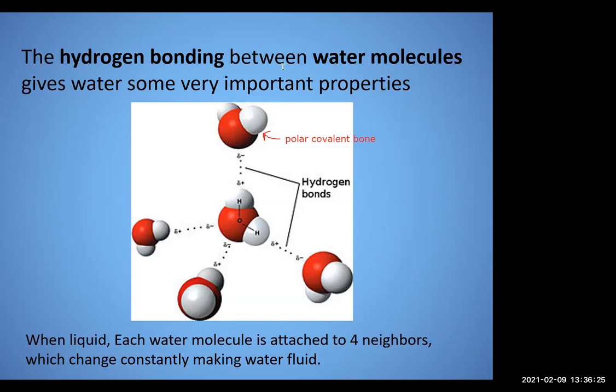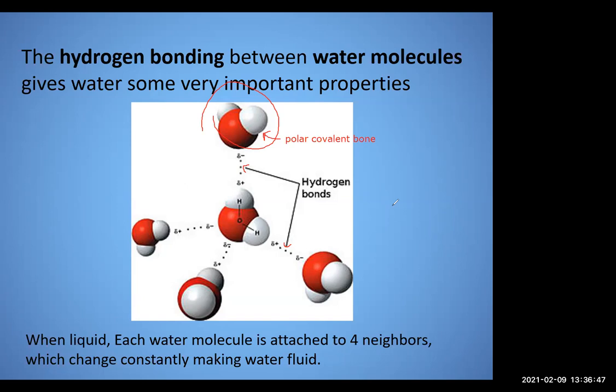Within the water molecule, it's held together with a polar covalent bond, a very strong bond. But between water molecules, they're held together with hydrogen bonds.